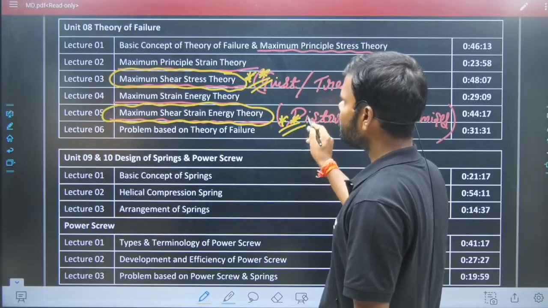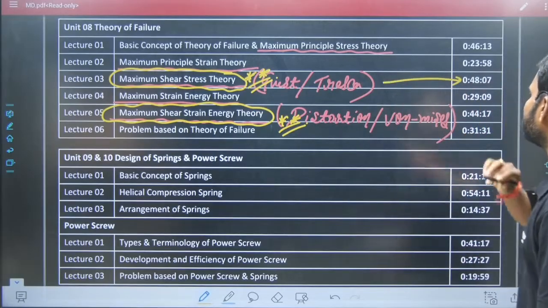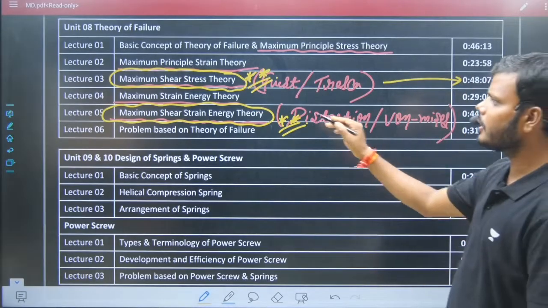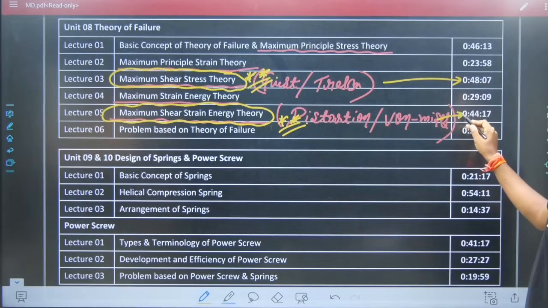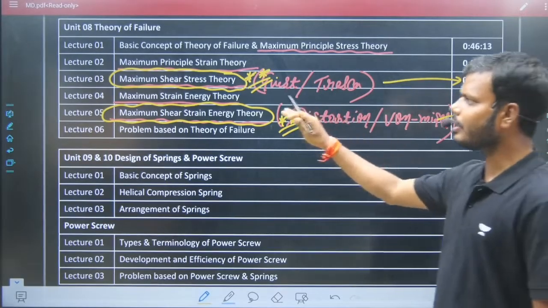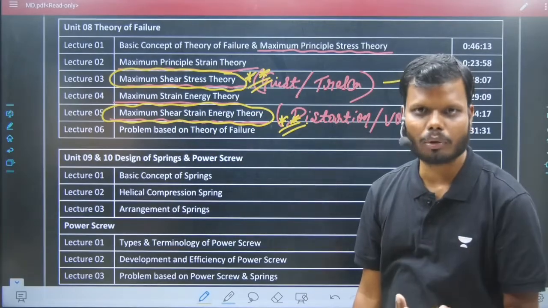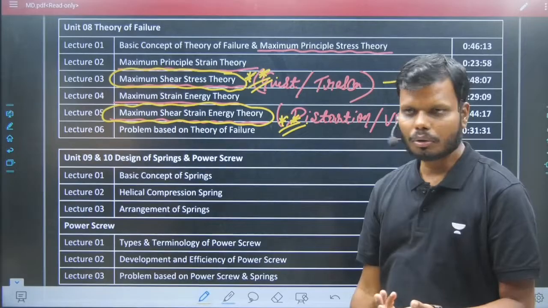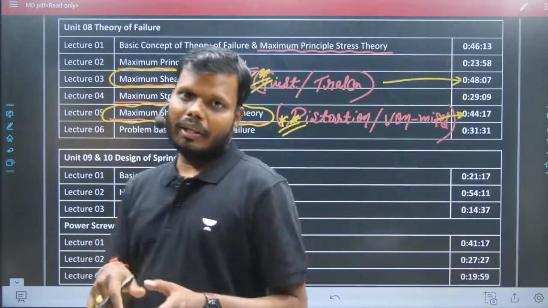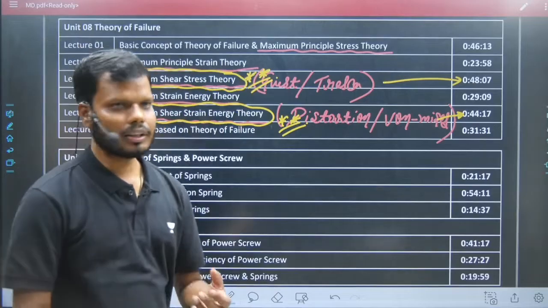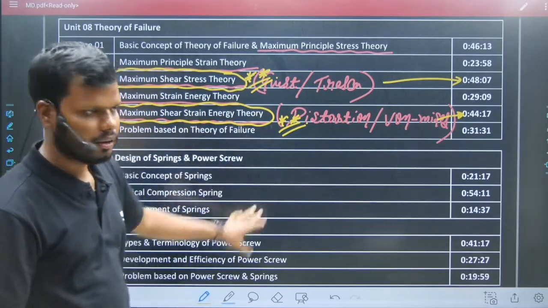Maximum shear stress theory, Guest or Tresca theory, is covered in 48 minutes 7 seconds, and maximum shear strain energy theory is covered in 44 minutes 17 seconds. This theory of failure is very important for the GATE examination, from theoretical as well as numerical points of view. These two concepts are covered in a very good manner, so you can watch these 2 lectures and be clear on the concept.